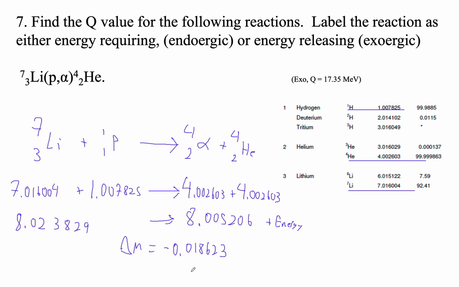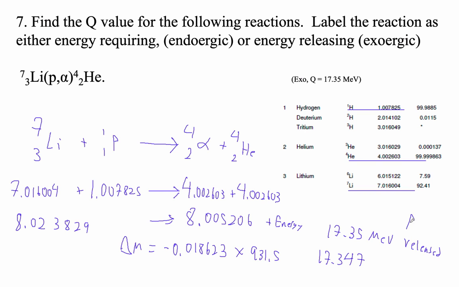What this means is that this is how much mass turned into energy. So I'm going to multiply that by 931.5, and we get 17.347, so 17.35 MeV released.